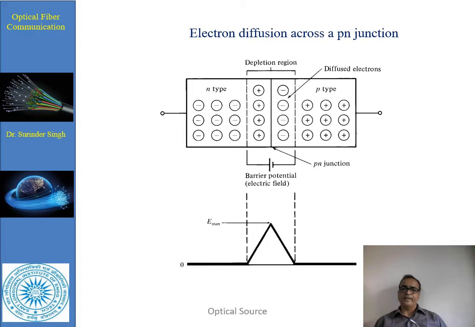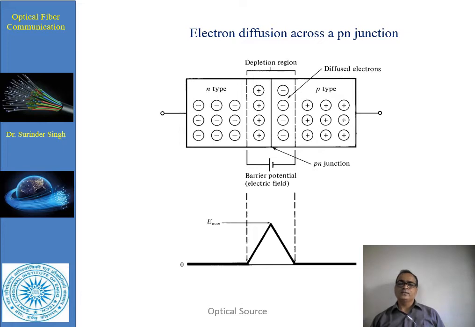This is called the barrier potential, developed when the diffusion of electrons and holes takes place, and we can also represent it as a depletion region. This depletion region is also called the space charge region, and it locks the flow of any further electrons and holes crossing the junction.